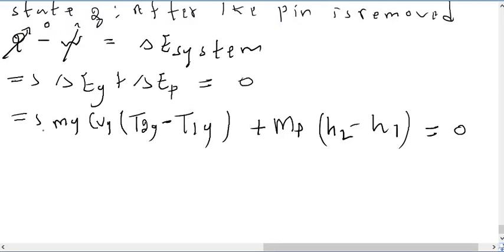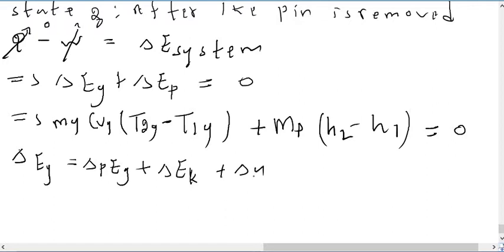Let me do it here. The change in energy of gas is equal to the change in potential energy of the gas plus the change in kinetic energy of the gas plus the change in internal energy of the gas.